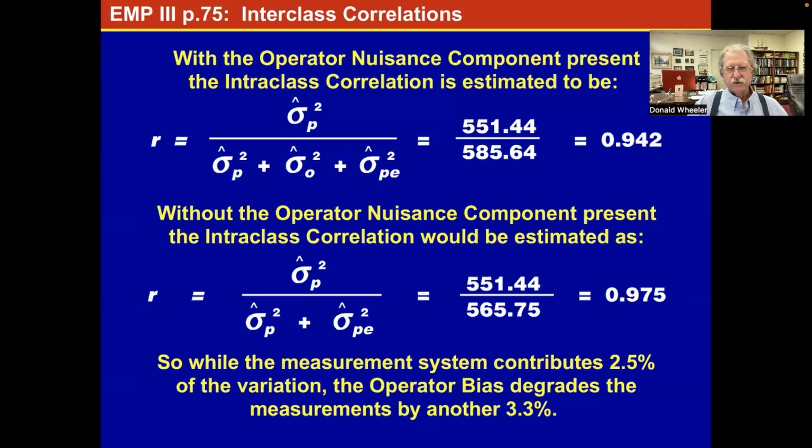Without the operator nuisance component present, the interclass correlation would be estimated as sigma P squared over sigma P squared plus sigma PE hat squared, 97.5%. So while the measurement system contributes 2.5% of the variation, the operator bias degrades the measurements by another 3.3%.